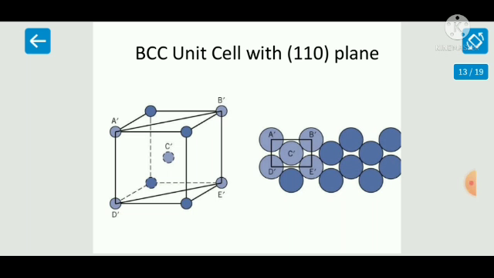This cubic structure has an atom at each corner, A, B, C, D, and the center point is a body-centered atom.